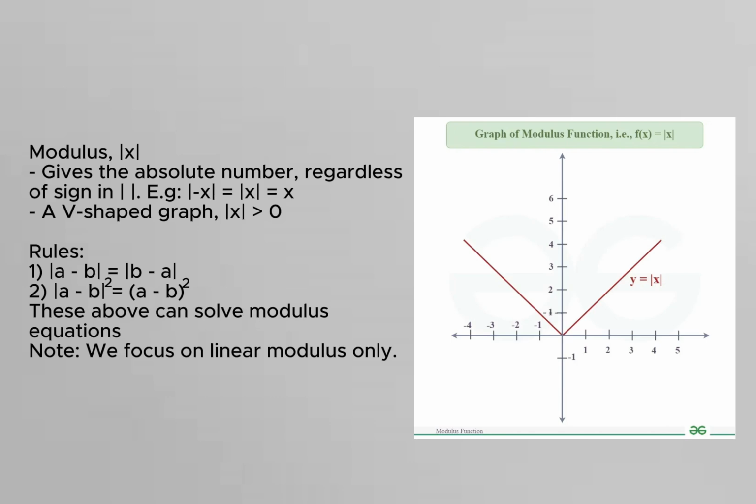This is because a negative number that is squared, where the negative number is inside the bracket, eventually gives a squared number that is positive. These can be used to solve modulus equations, but for this case we will focus on linear modulus only.